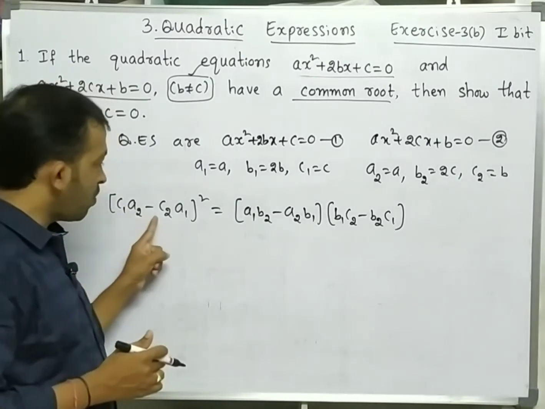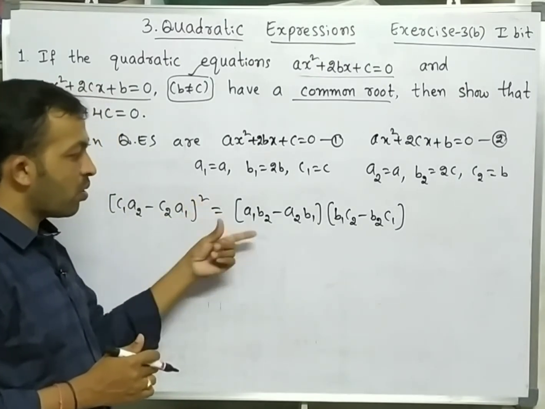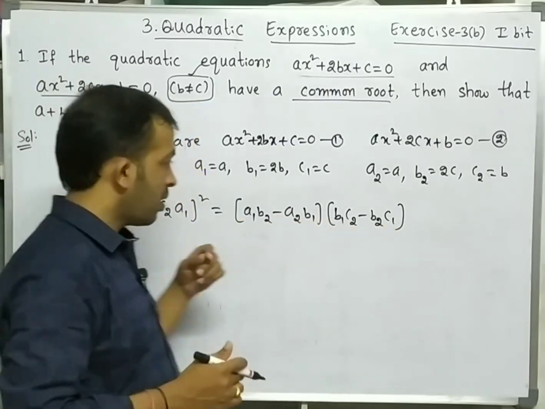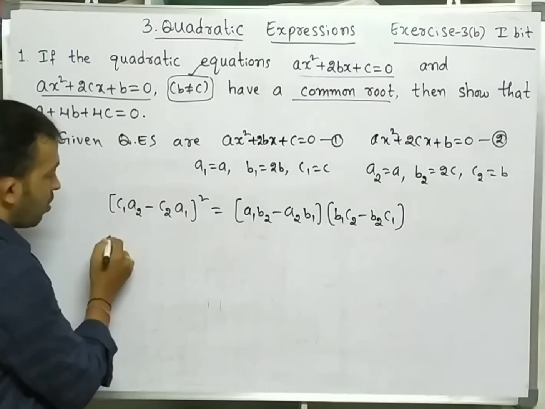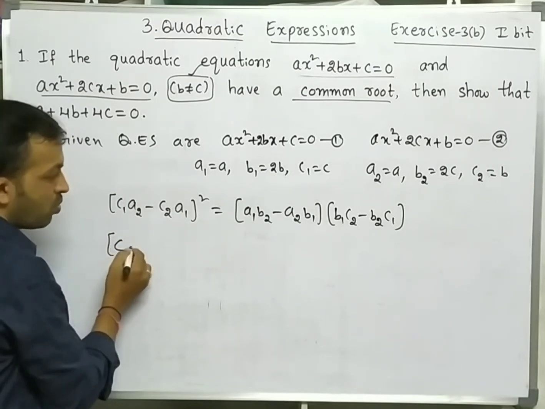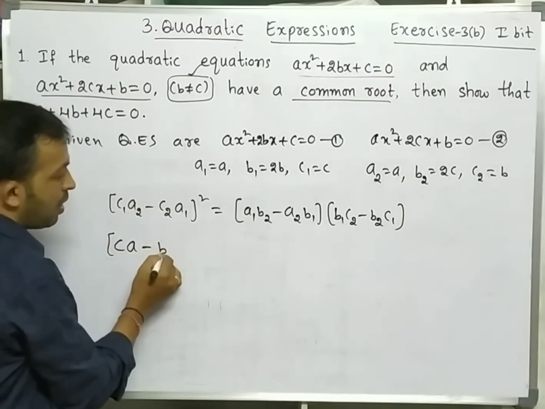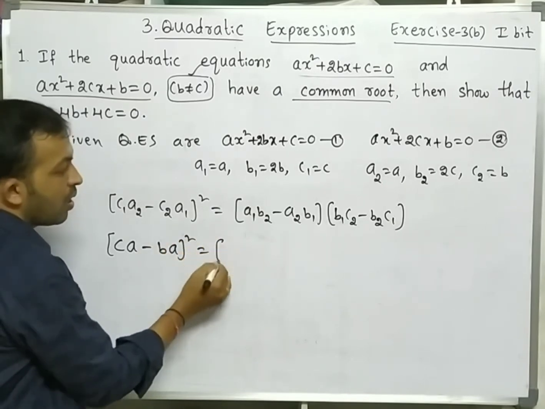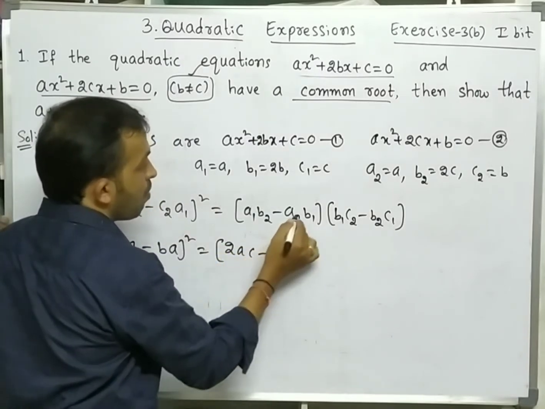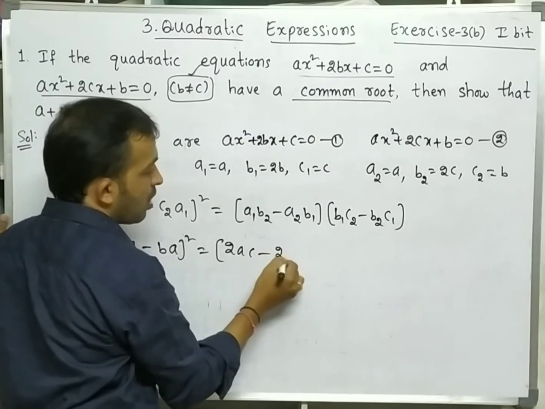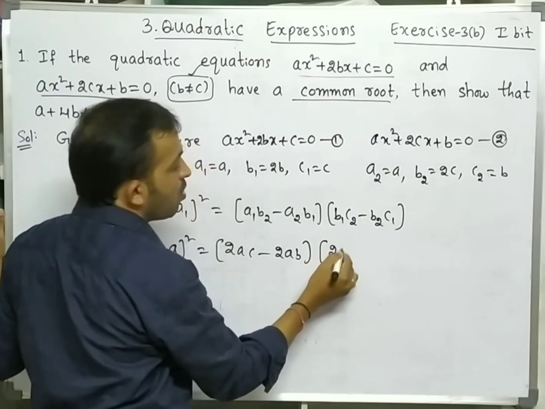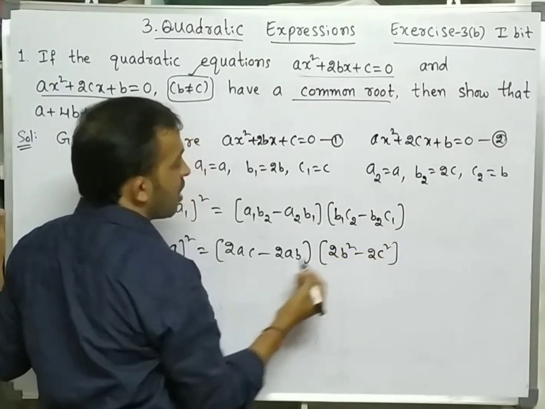is (c1 a2 minus c2 a1) whole square equals (a1 b2 minus a2 b1) into (b1 c2 minus b2 c1). Now c1 a2, substitute what is c1? c1 is c into a2, that is a, minus c2 is b, and a1 is a, whole square. a1 b2 is a into 2c, 2ac, minus a2 b1 is a into 2b, that is 2ab, into b1 c2, 2b into b, 2b square, minus 2c square.